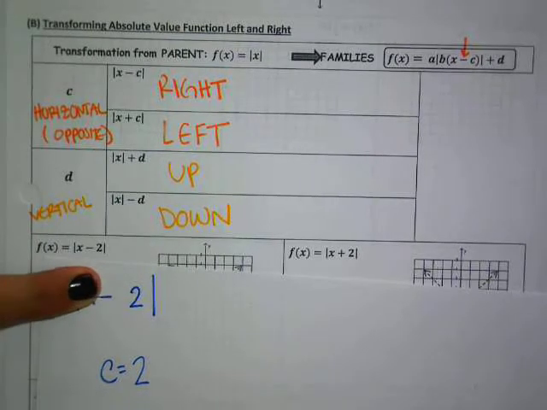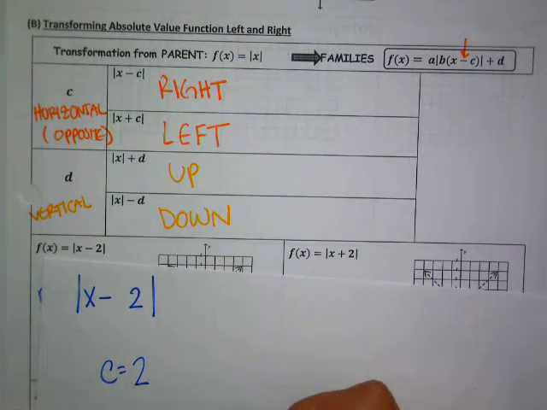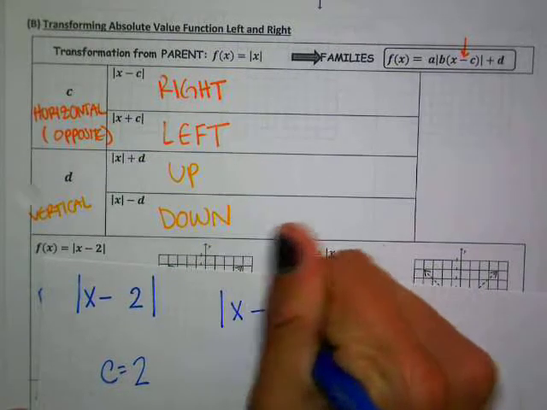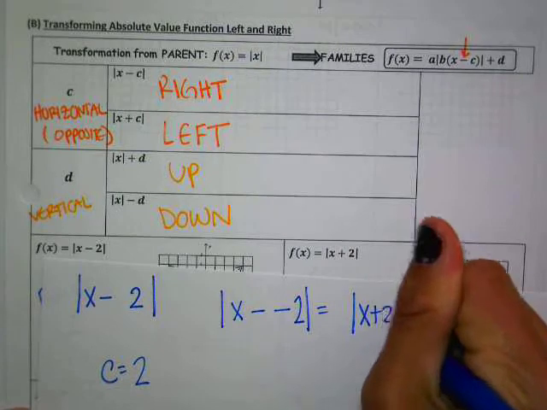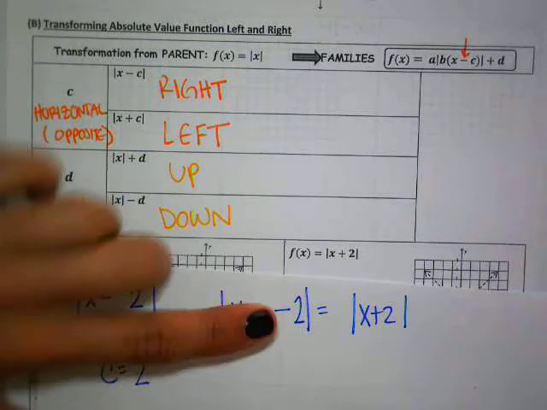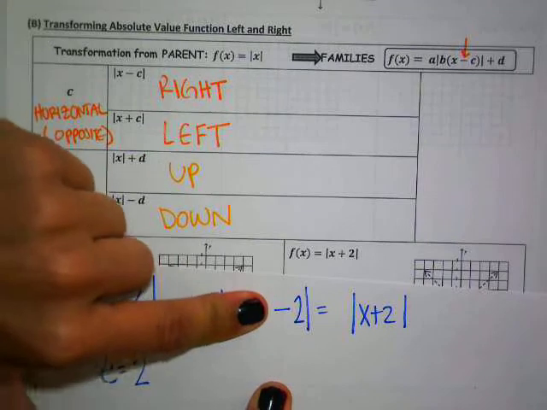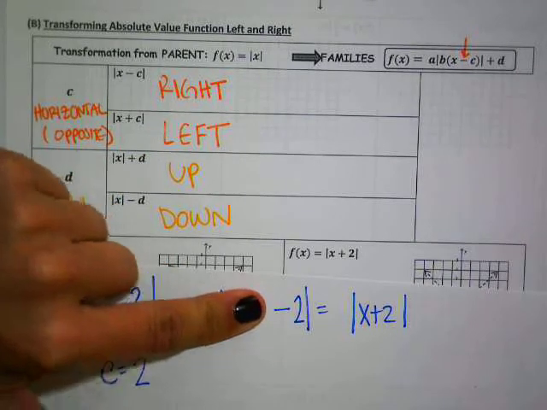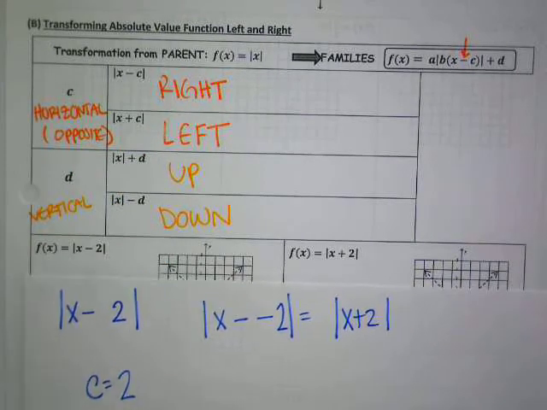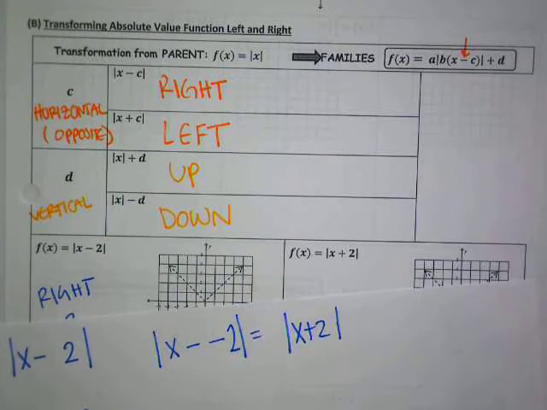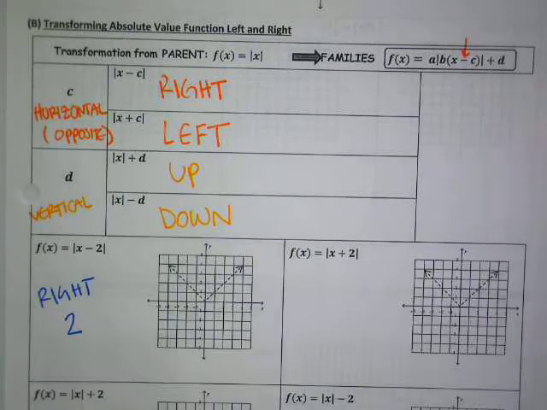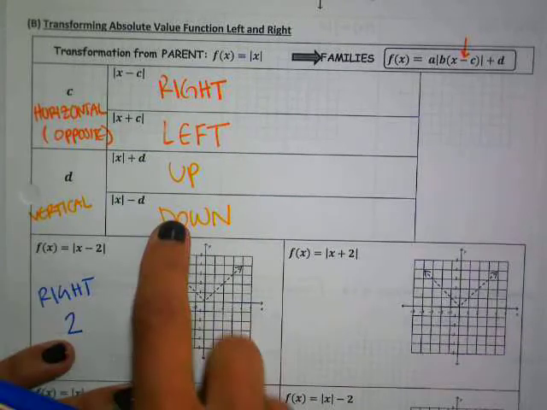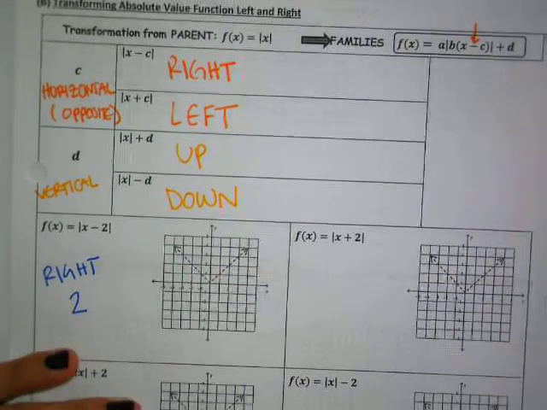So positive is right. And if it was x plus 2, not a double negative, the negative's already in there, so your c value would be negative, which is why you're going left. That's the math behind it, but it's easier just to remember inside's opposite instead of trying to figure out double negatives and stuff like that. Does that make sense? That's the math way behind it.